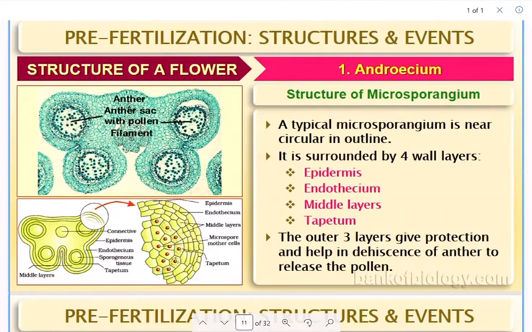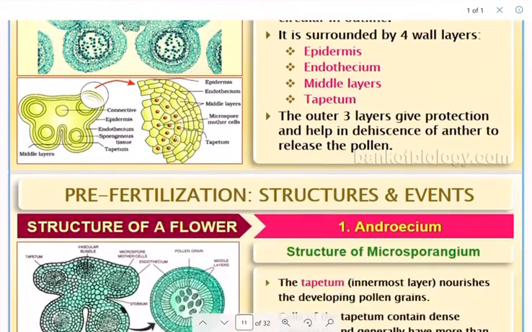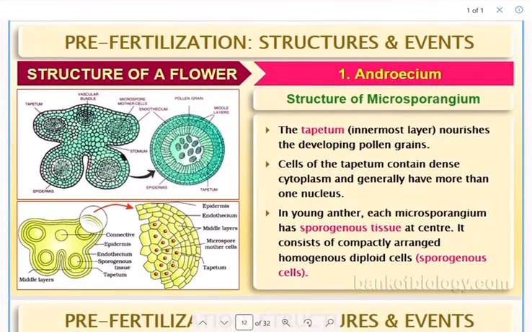So the outer 3 layers give protection, that is epidermis, endothecium, middle layers, and help in dehiscence of the anther to release the pollen. And the tapetum, as we talked about, the innermost layer, nourishes the developing pollen grains.